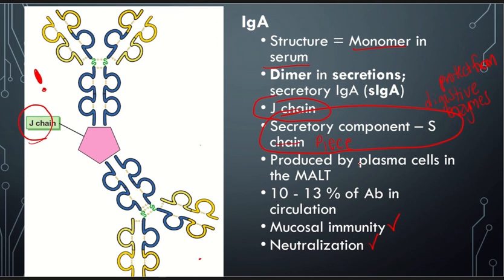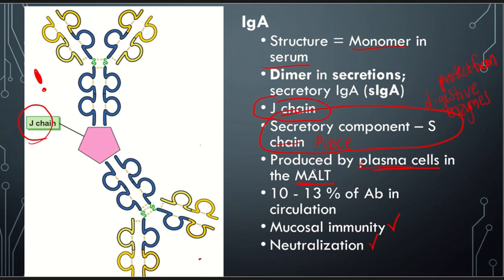Oh, and also it's produced by plasma cells that are present in your MALT, which stands for mucosa-associated lymphoid tissue, which is going to be pretty much these concentrations of lymph tissue where you'll find a lot of your lymphocytes and your bodyguards that are pretty much there to help defend your body.